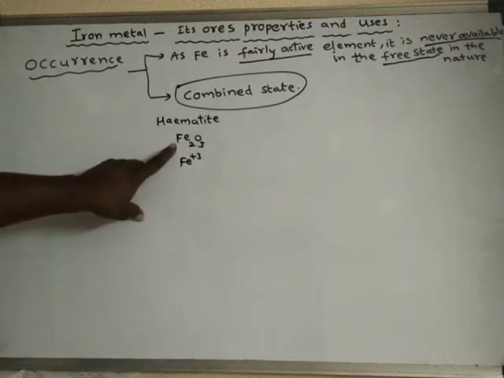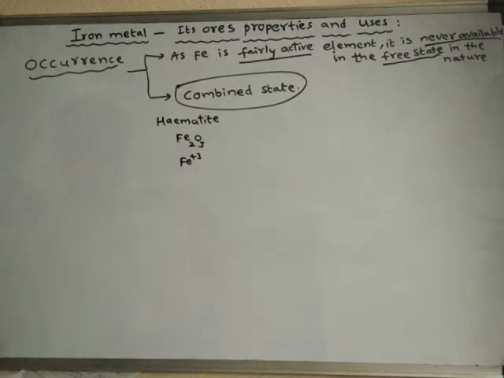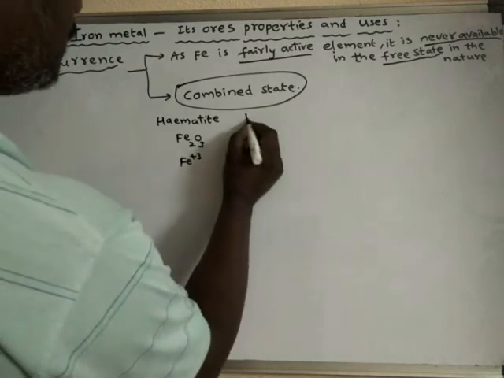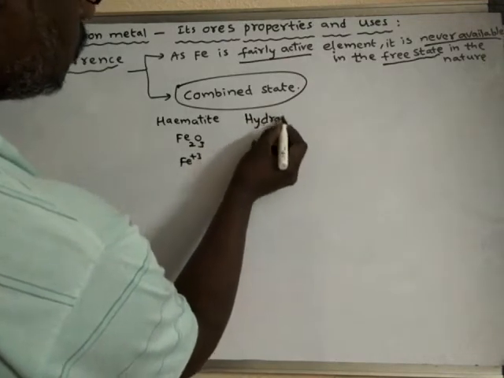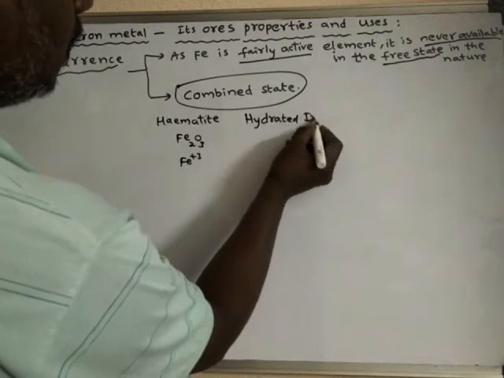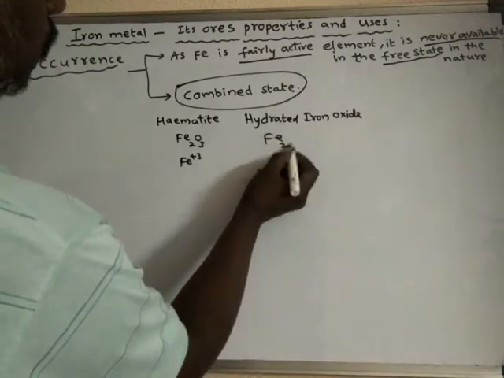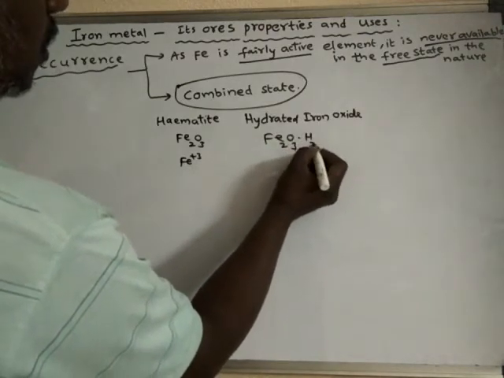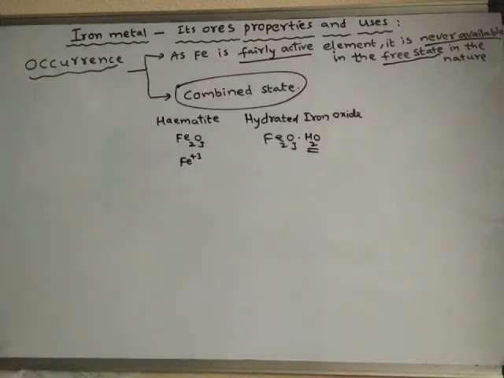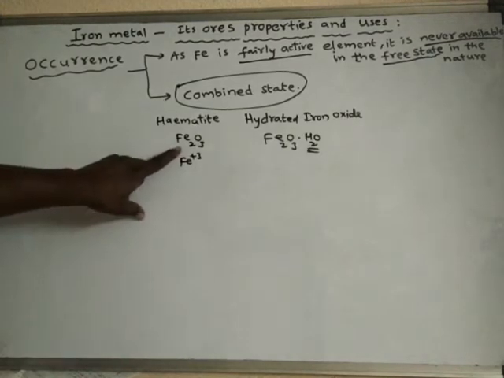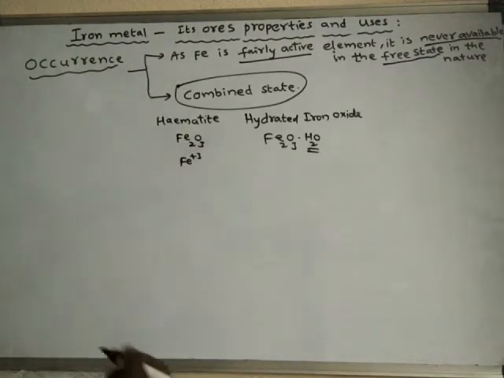Next is hydrated iron oxide, that means Fe2O3.H2O. So it is hydrated oxide of iron, called hydrated iron 3 oxide. This is iron 3 oxide and this is hydrated iron 3 oxide.